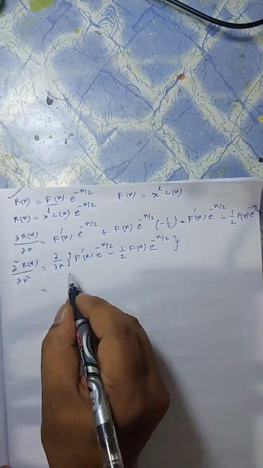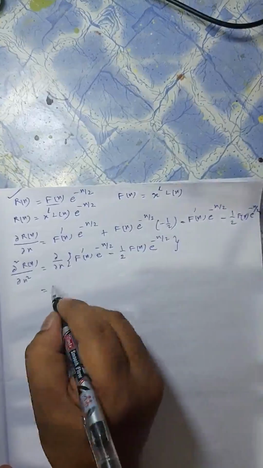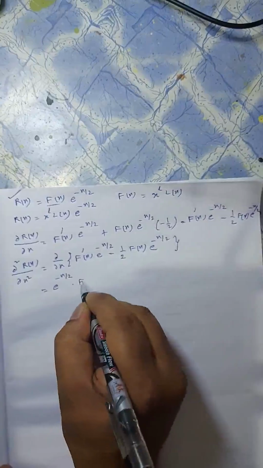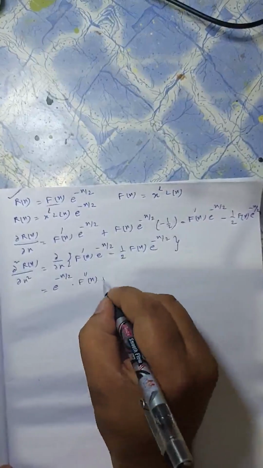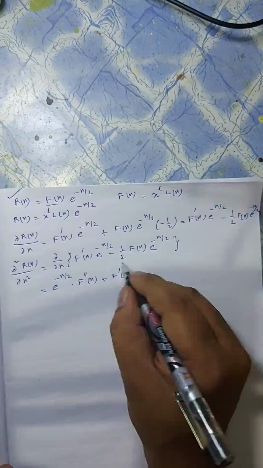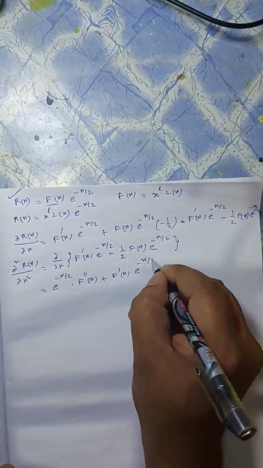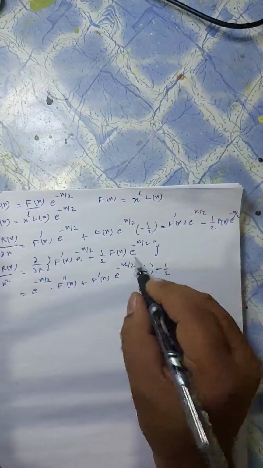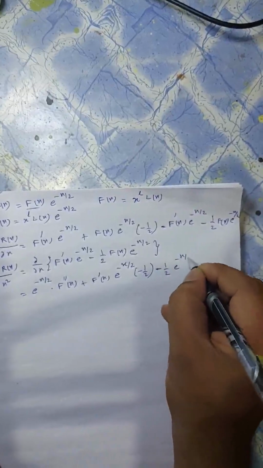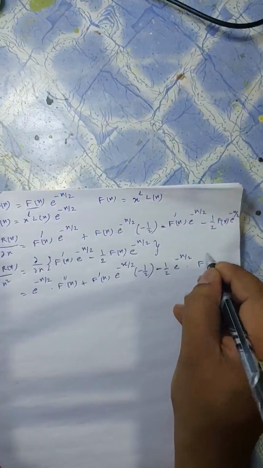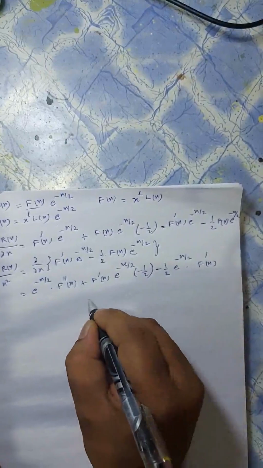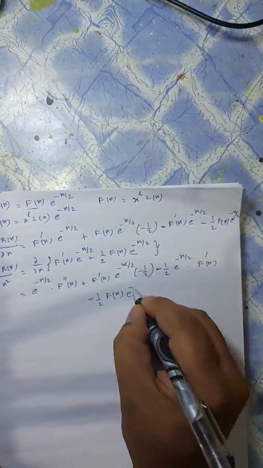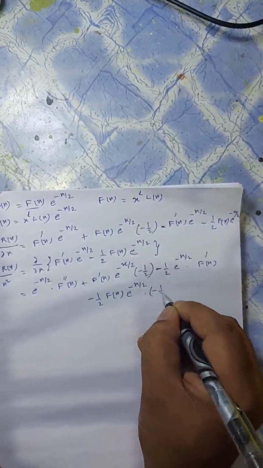When you take the derivative, first suppose I keep this one constant, derivative of this second derivative, then keep this one constant, derivative of e to the power minus x by 2 into minus half. Then derivative of this minus half, suppose I keep this one constant, derivative of this, that means f dash x again, minus half, keep this one constant, derivative of this, minus x by 2 into minus half.